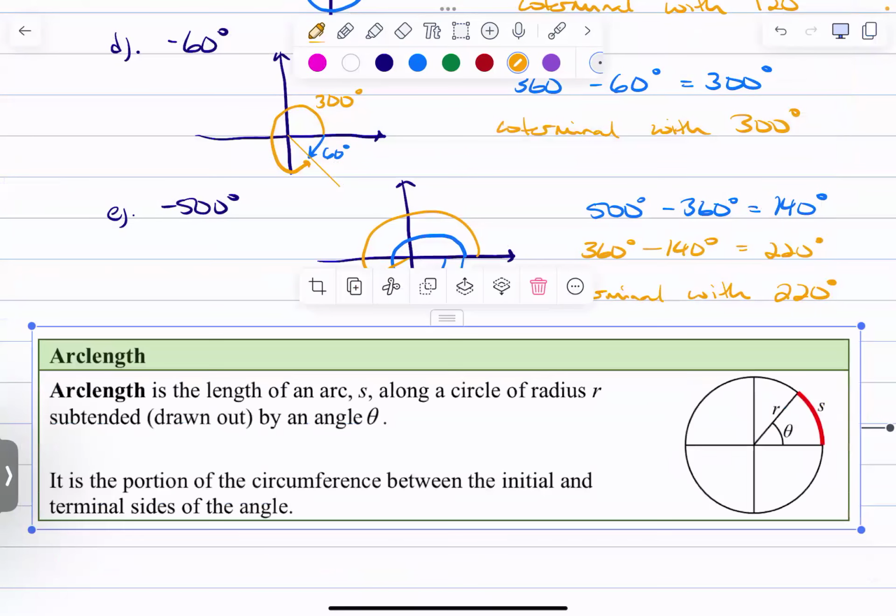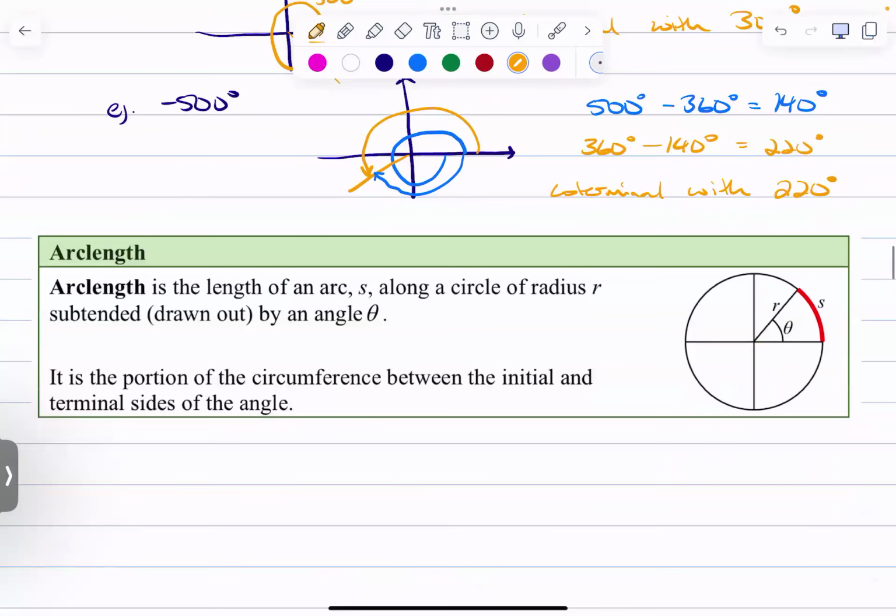Then let's talk, well, it kind of works, arc length. Arc length is the length of an arc, of course. And we denote this arc by S. And so if we have a circle with radius R and it's subtended, which means kind of attached, I guess, by an angle theta, right? A generic angle theta, right?